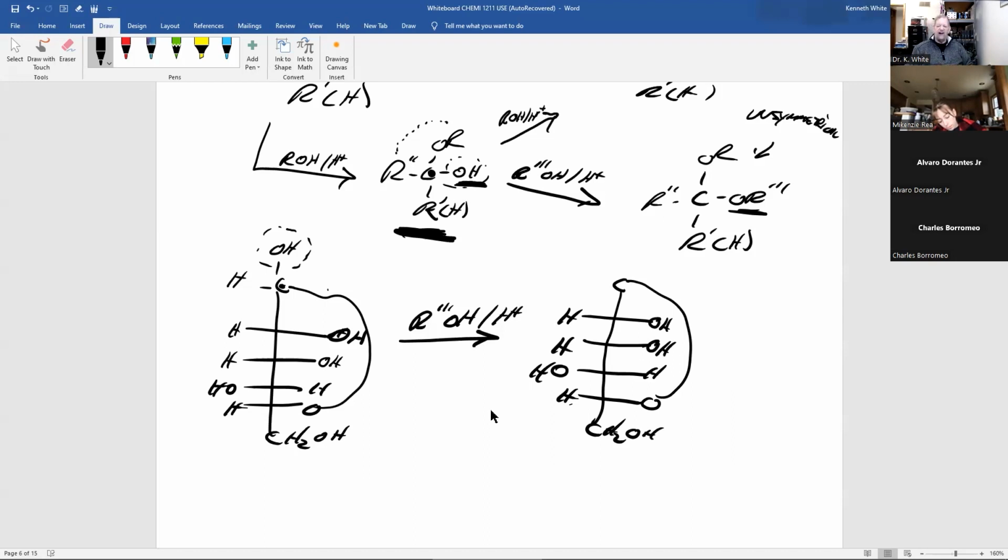Everything that's not involved in the reaction, I just redrew, because you don't break carbon-carbon single bonds. And there's still a hydrogen here. The only thing that changes is this becomes OR.